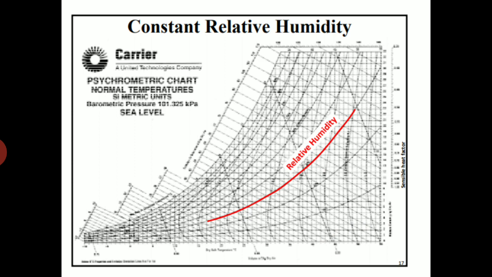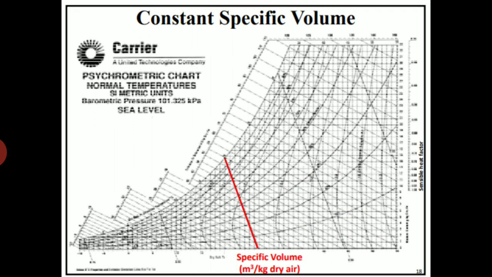Okay. Then relative humidity: all the continuous curves represent relative humidity. It is obtained in terms of percentage, 10%, 20%, 30%, 40%, like that. Those are called relative humidity lines. Then specific volume lines. I told you, the slightly inclined lines are called specific volume lines.